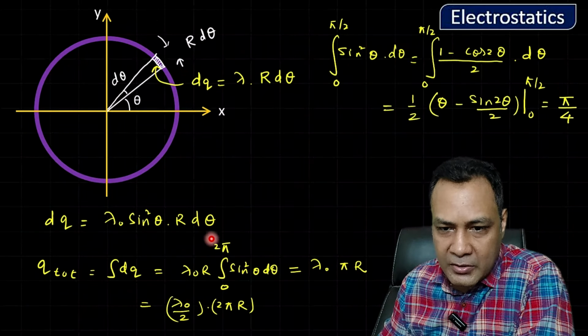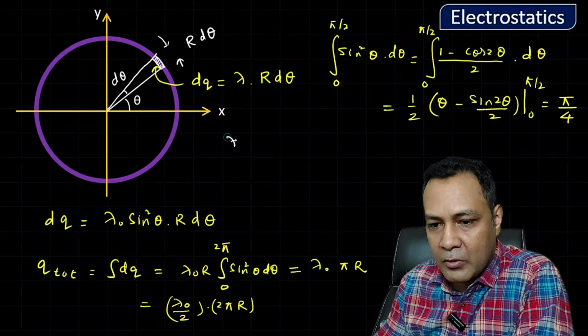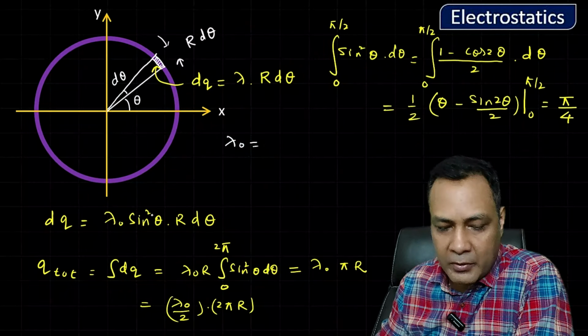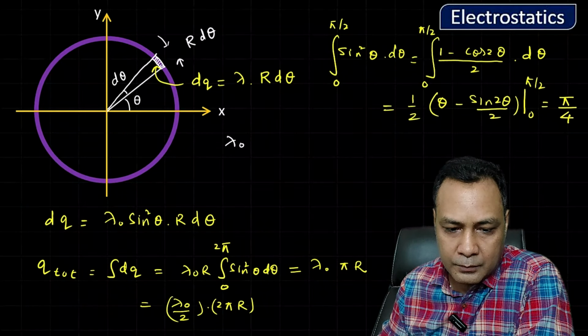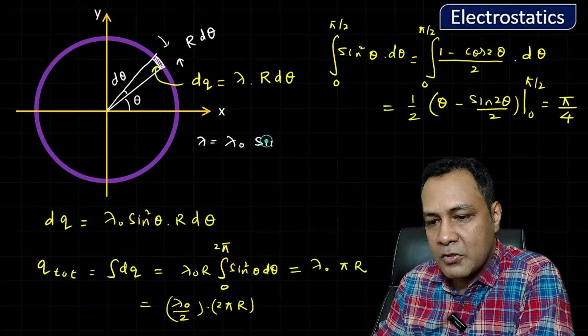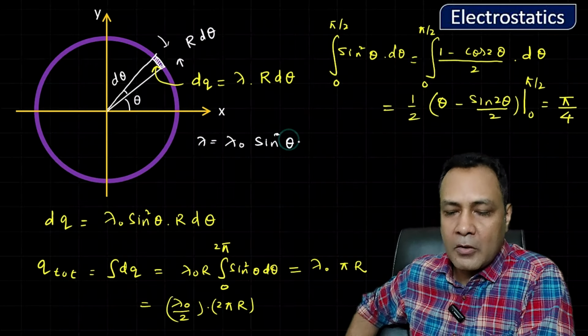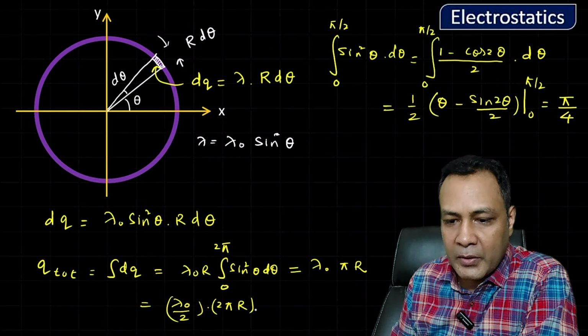Now the charge density is lambda naught, sorry, lambda is equal to lambda naught sine square theta. So total charge has come to lambda naught by 2 into 2 pi r.